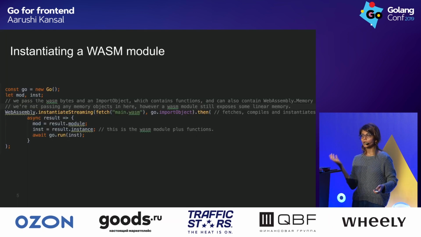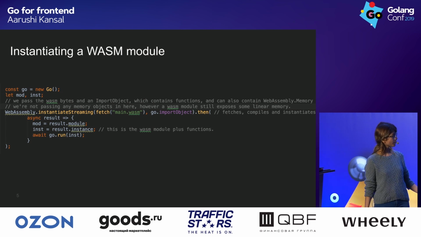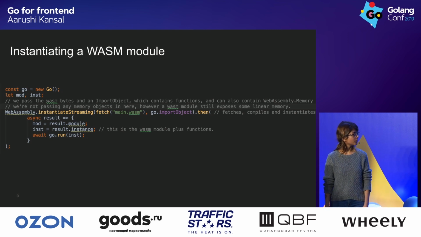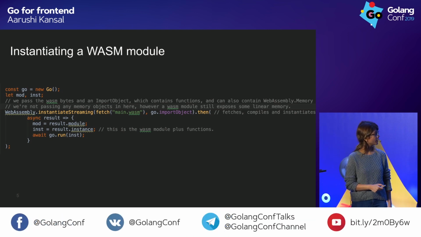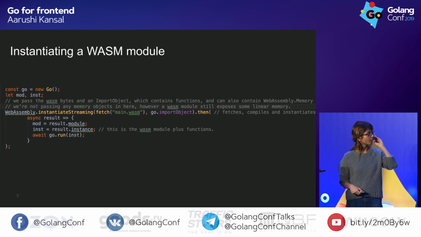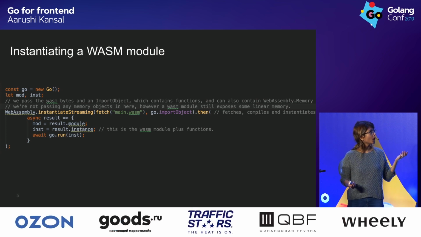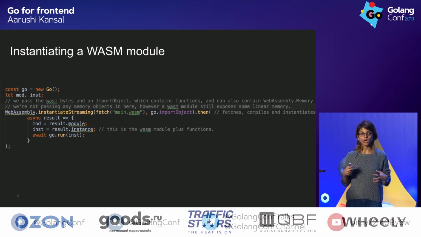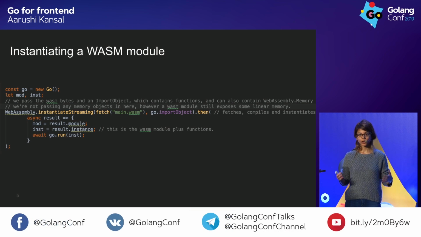OK, so instantiating a WASM module. I mentioned main.wasm, as you can see, and you can also see this go.importObject. So basically what's happening here is that we are fetching our main.wasm, which is just your bytecode, and we're also getting our go.importObject. This go.importObject is where all of your JavaScript functions live that allow you to actually call JavaScript from Go.